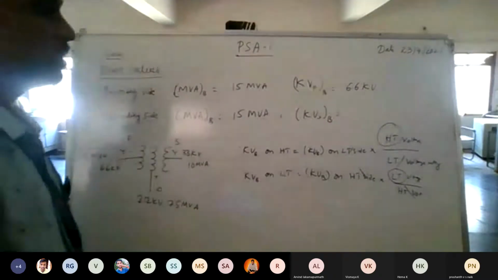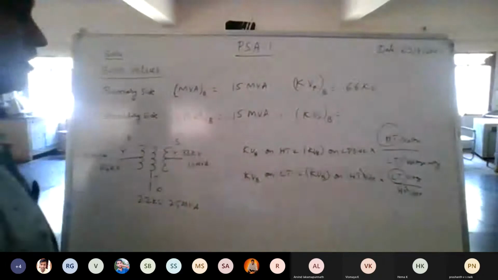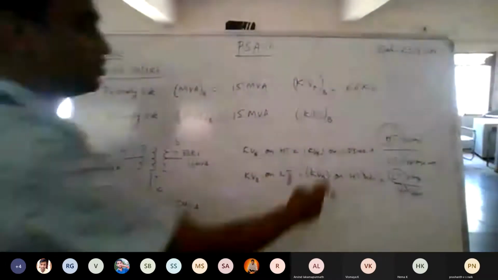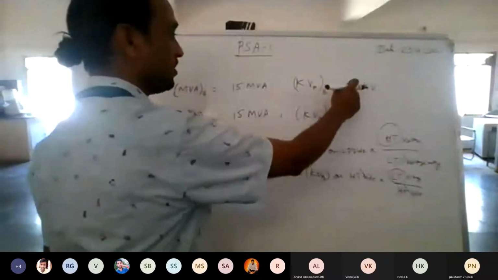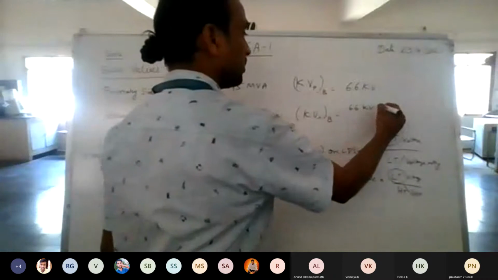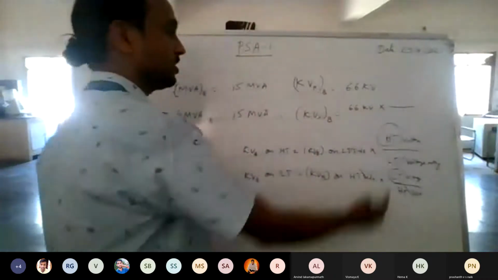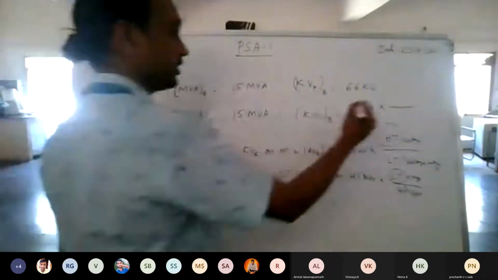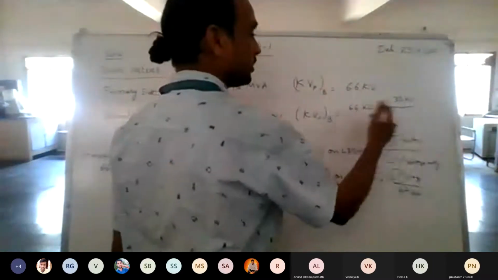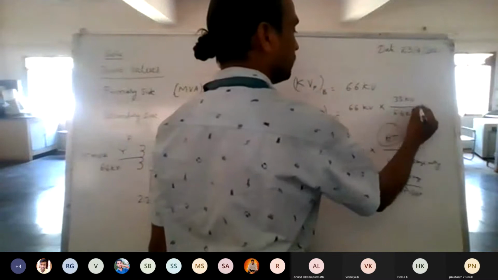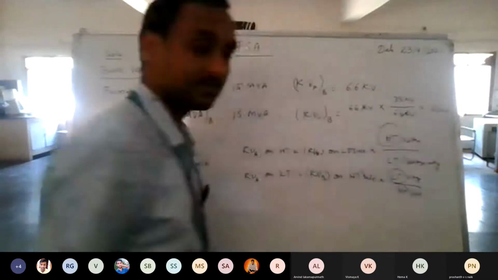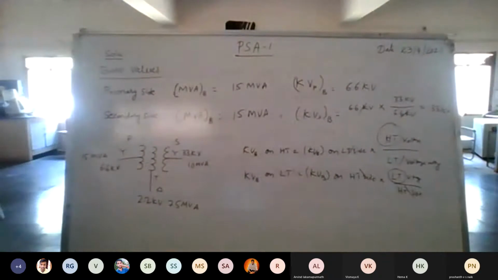So kVS base is equal to the kV base on the LT side, 6.6 kV, multiplied by HT, 33 kV, divided by the LT voltage rating, 6.6 kV. So this gets cancelled, remaining is 33 kV. Is it clear?